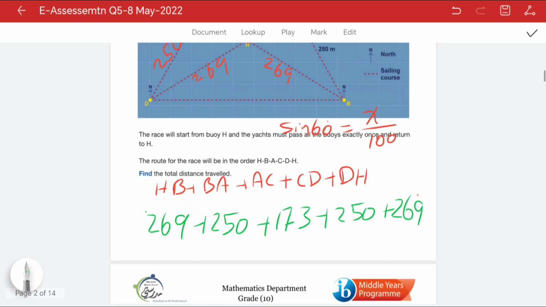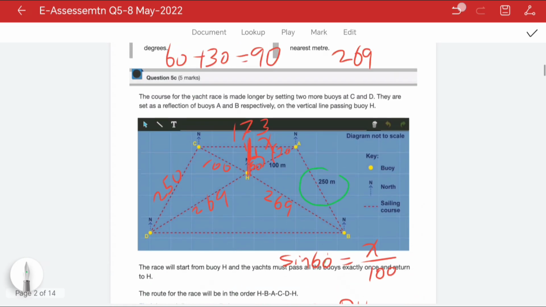Put in the calculator and we will get the answer, which is 1211. So this is our final answer. The total distance is 1211 meters, whatever the unit is given. I hope it is clear.